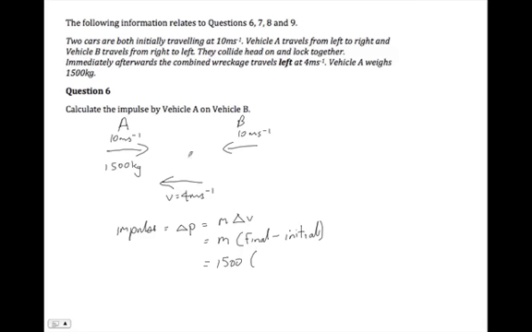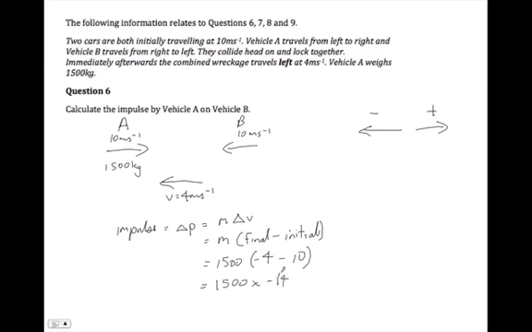And I will take this direction as negative and that direction as positive. It doesn't matter what you choose as long as you're consistent. So therefore its final is minus 4 and its initial is 10. So we've got 1,500 times minus 4 minus 10, which is minus 14.